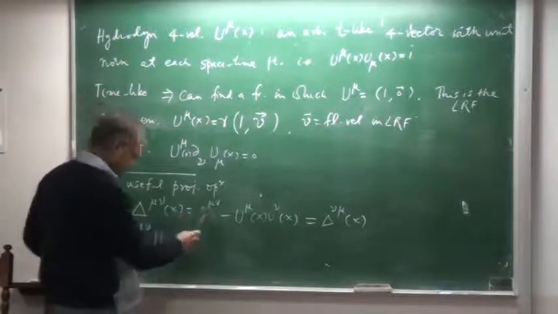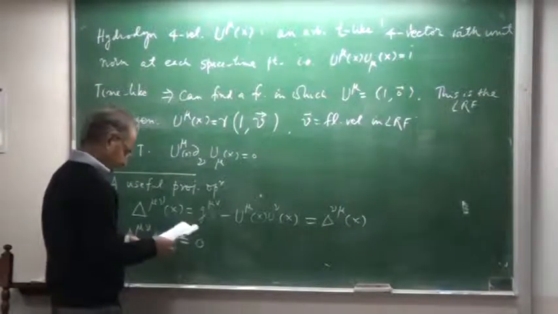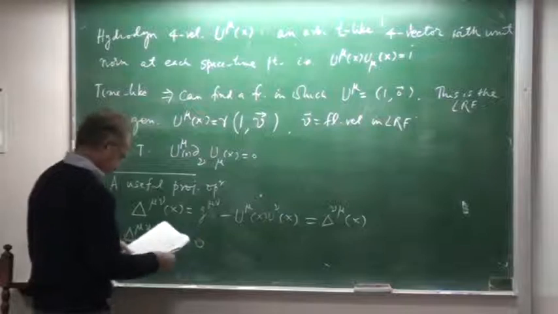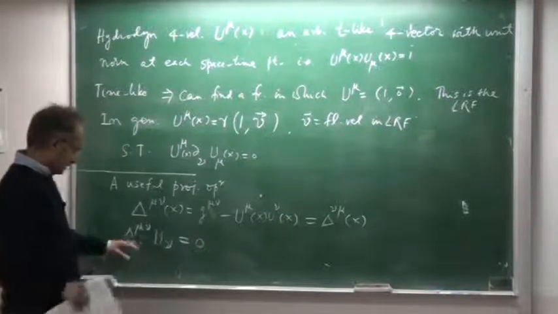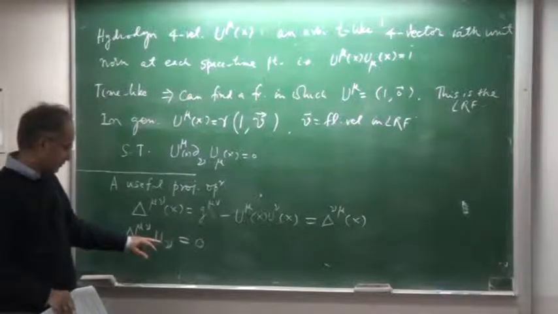Zero, because of this. What does it mean? This operator is acting on the four velocity u mu.